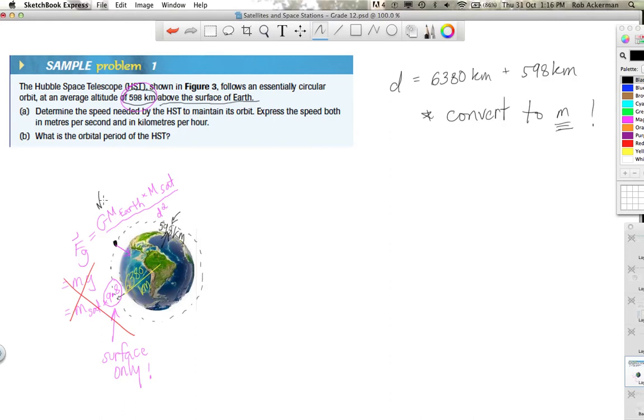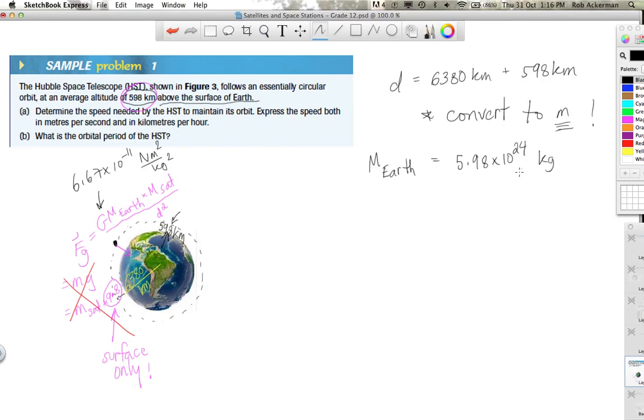G, of course, we know is 6.67 times 10 to the negative 11 Newton meters squared per kilogram squared. What else is left? The mass of the satellite is never given, neither is Earth. But if you look in the back of your textbook, or if you look it up online, you will find that the mass of Earth is approximately 5.98 times 10 to the 24 kilograms.